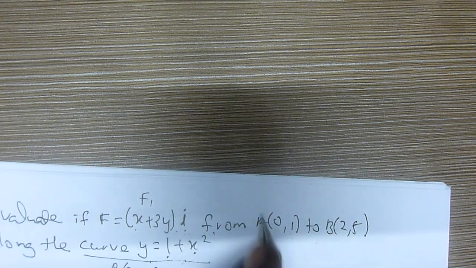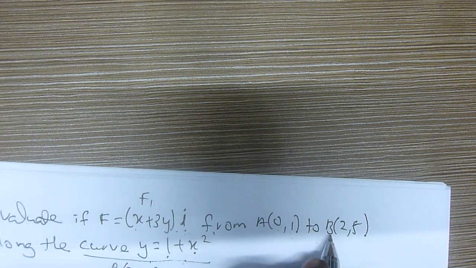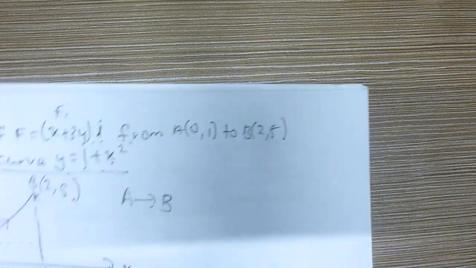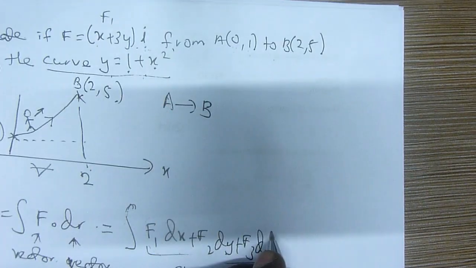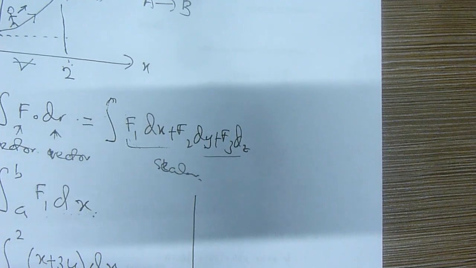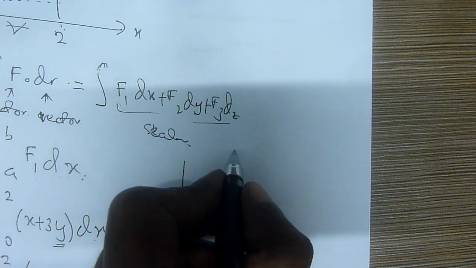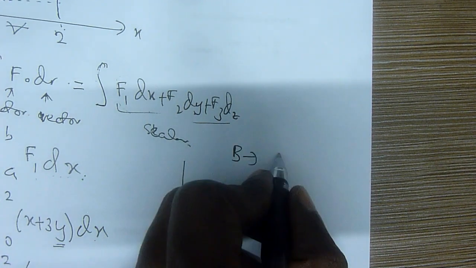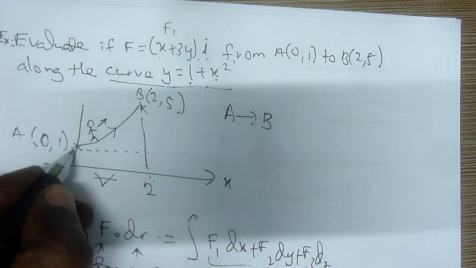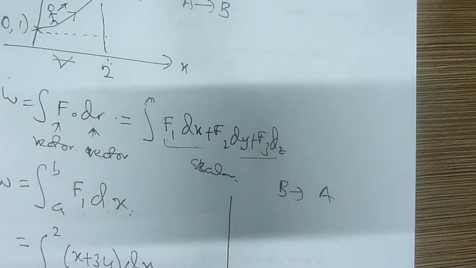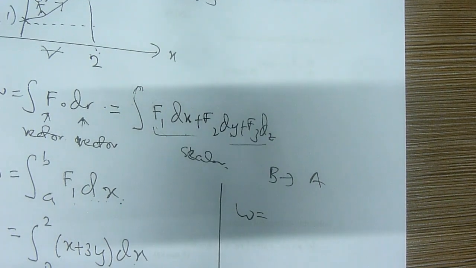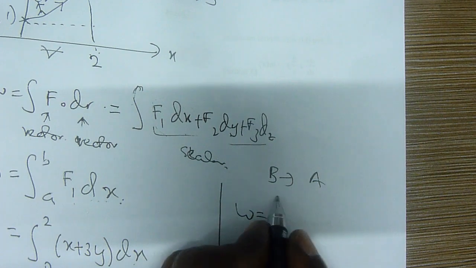Now I'm saying from B to A, the opposite. If the case is B to A, it's the other way around. Is there any change that you will see? Yes, the work will be different.